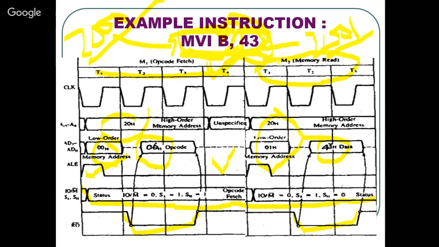For example, if the microprocessor operating frequency is 2 megahertz, then to complete the entire instruction the microprocessor will need 3.5 microseconds of time. These two machine cycles, T1 to T7, complete one instruction cycle, where T1, T2, T3, T4 is the first machine cycle M1, and the next is M2.